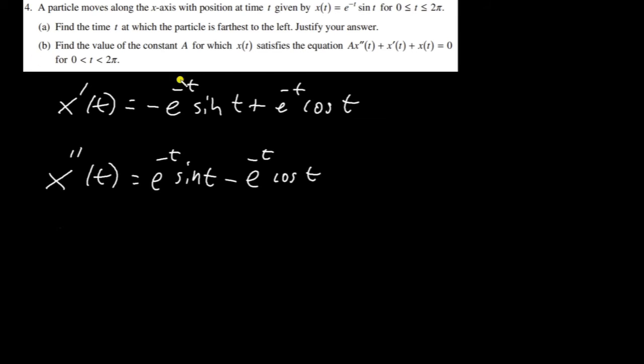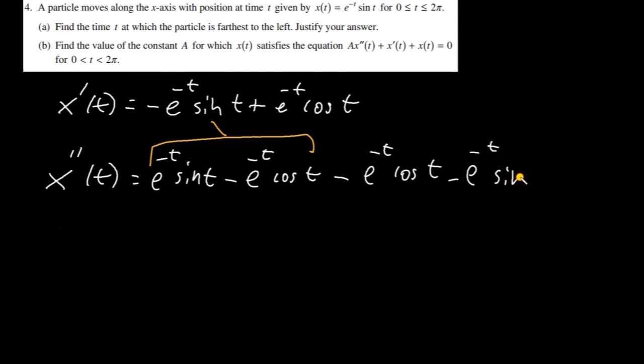So this part is from here, plus a negative e to the negative t cosine of t, minus e to the negative t sine of t.